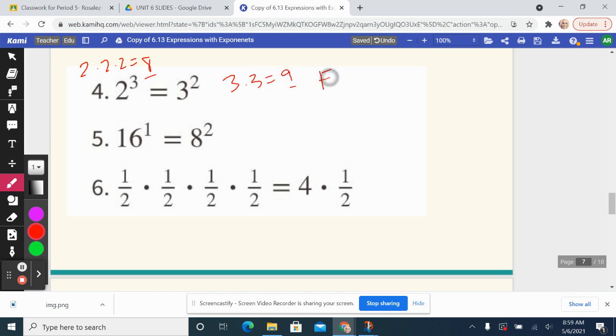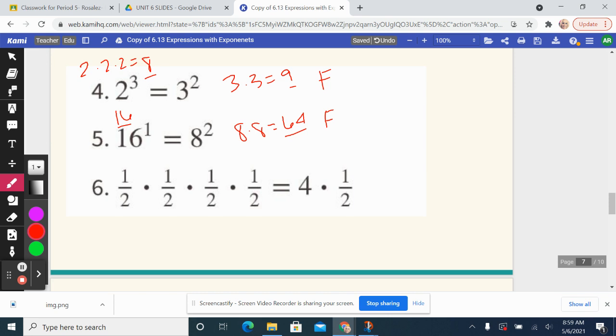The answer is no. It's false. All right, number 5. 16 to the 1 is just 16. It's 16 times nothing, right? It's just 16. Okay, and then 8 squared is the same as 8 times 8, which is 64. So is 16 the same thing as 64? The answer is no, it's false.